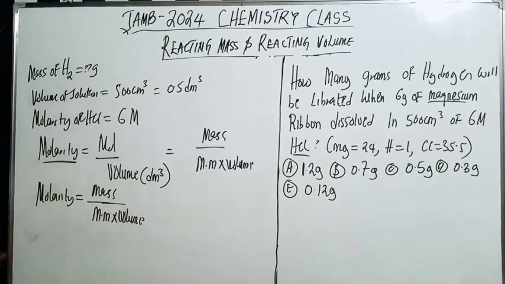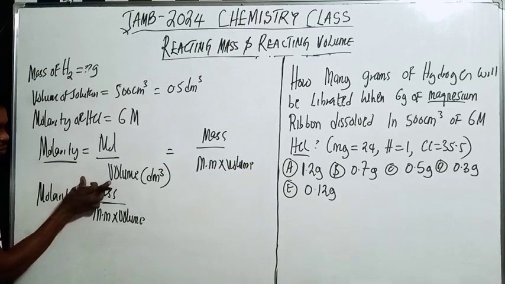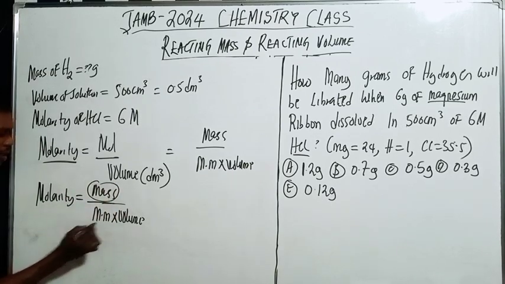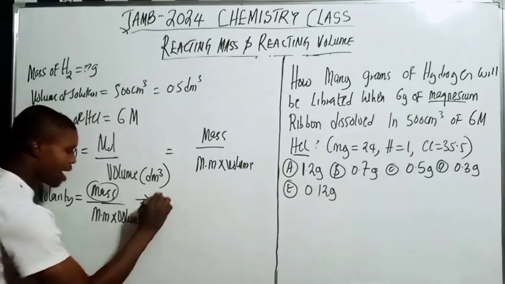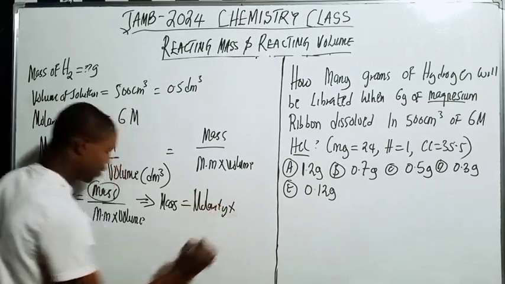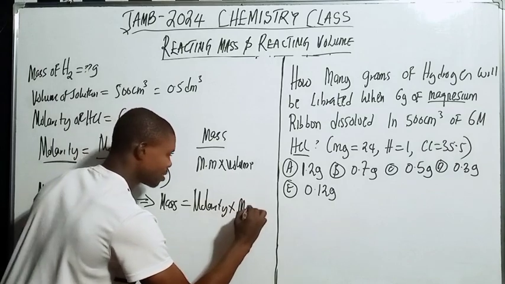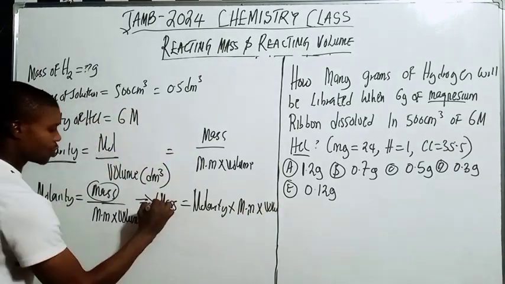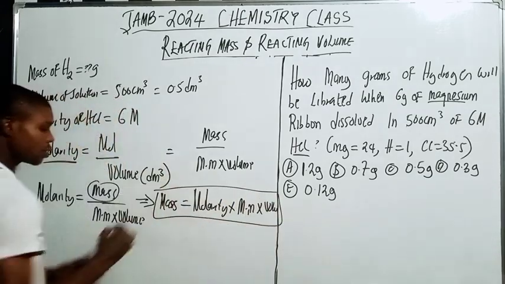Do you see that? If I make mass the subject of the formula here, what am I going to get? Mass equals molarity times molar mass times volume. So this is what I'm going to use in the calculation.